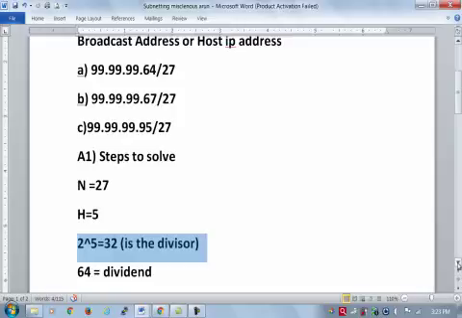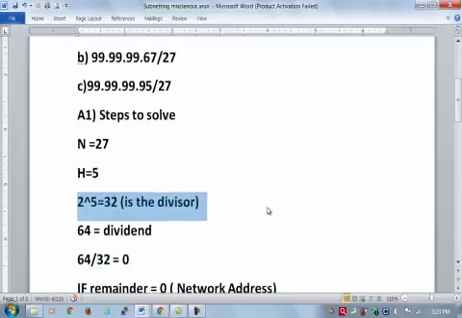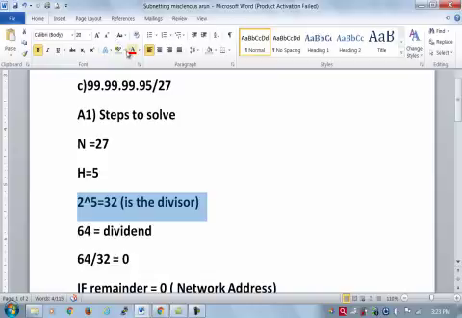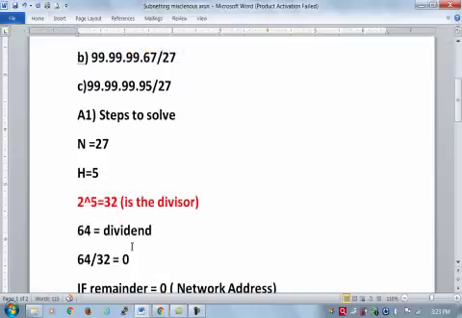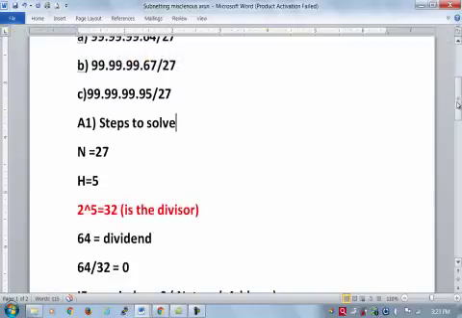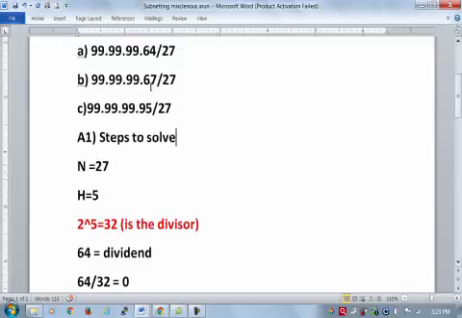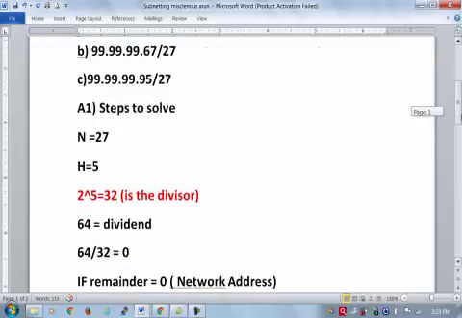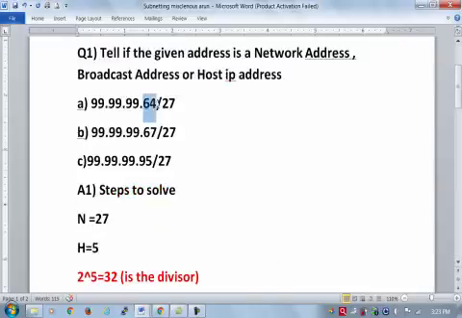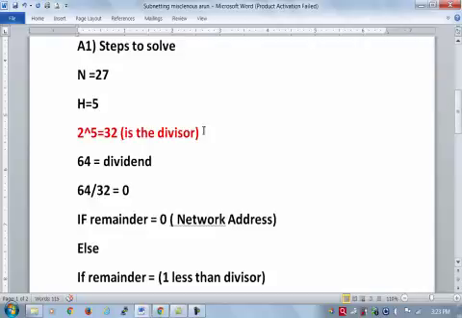Please try to understand now. I have got my divisor and I am marking it with red. Then I take the first address, 99.99.99.64. The decimal representation of its last octet becomes my dividend.